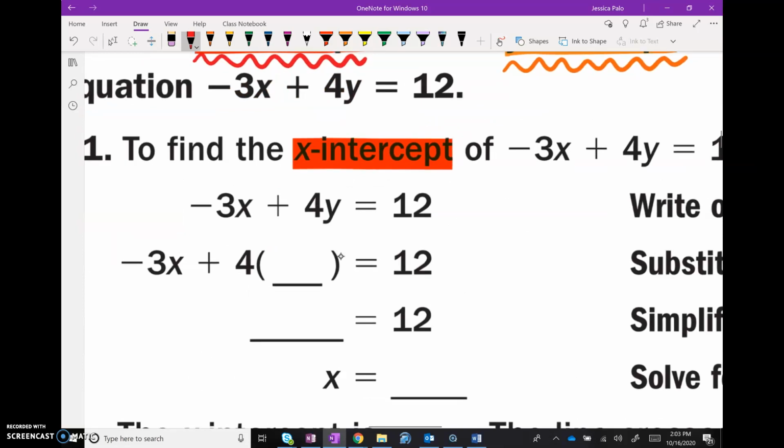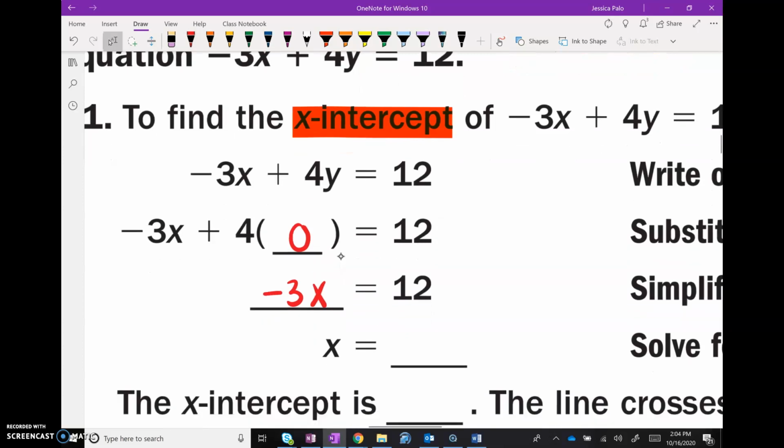So when we use algebra to find the x-intercept, we're going to let y equal 0. We're going to take our original equation, negative 3x plus 4y equals 12, and substitute 0 for the variable y. Now we can simplify our equation. 4 times 0 is 0, so we are just left with negative 3x.